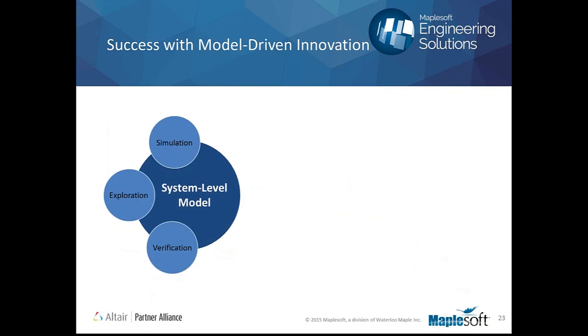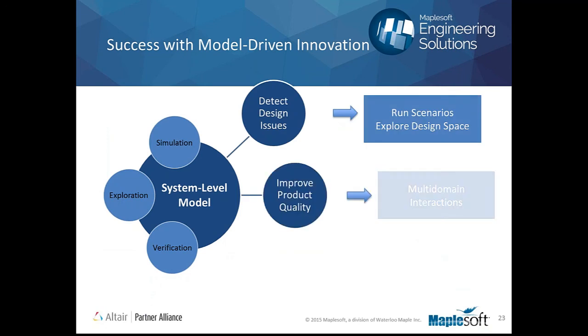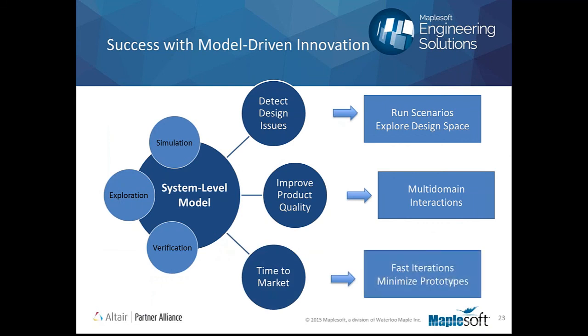Just a recap: a system-level model used for simulation, exploration, and verification, as you have seen in the examples. Detecting design issues, we showed you an example of that. With that system-level model right off the bat, you can detect design issues very quickly and have a solution for them or change the design.